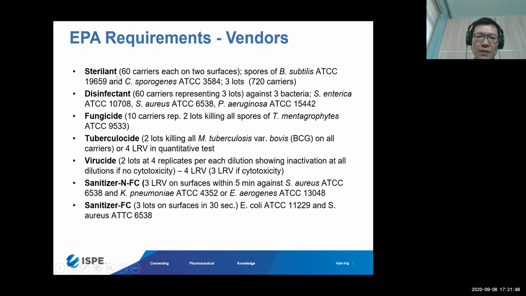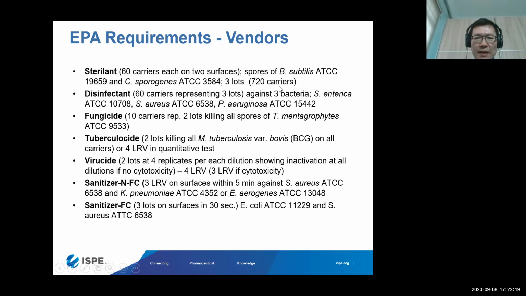If it is for sterilant, then you need to have 60 carriers, each on 2 surfaces. These 2 surfaces are specified to be porcelain penny cylinders and also the silk suture loops. And on 3 microorganisms, the spores, and 3 lots, so a total of 720 carriers.